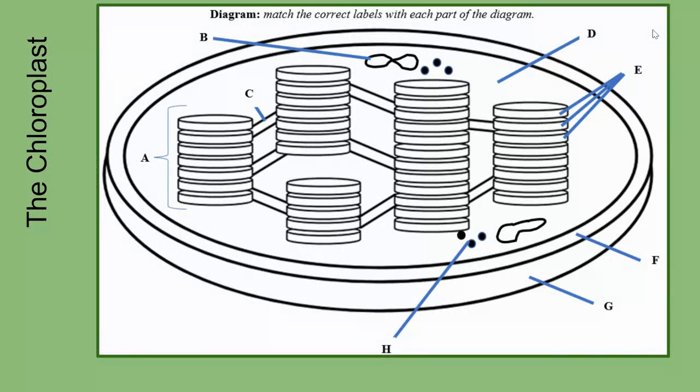That's called endosymbiotic theory. Again, we'll talk about that more with cell respiration, but I just thought you should know and think about that as you look at the chloroplast and see that it is a pretty complex organelle.